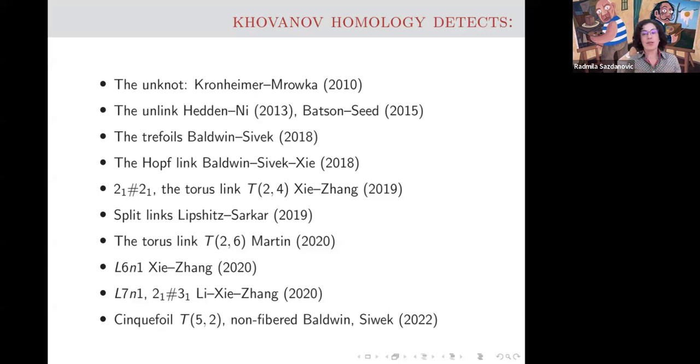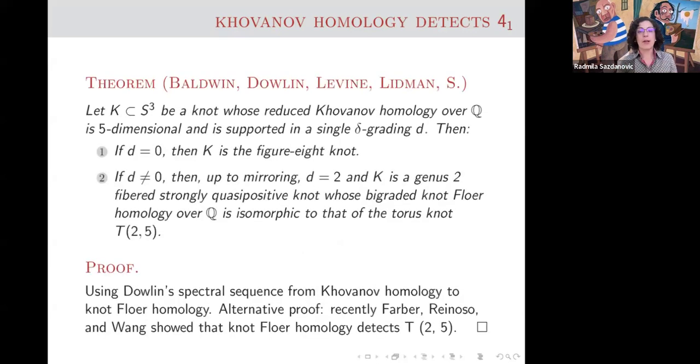And again, this is a long list spanning more than a decade, and I've contributed to it. So it's a paper and a theorem that has like 5 authors. And it basically says that Khovanov homology detects one particular very simple 4-crossing knot. And it involves a number of spectral sequences and very sophisticated theoretical arguments for just one knot.